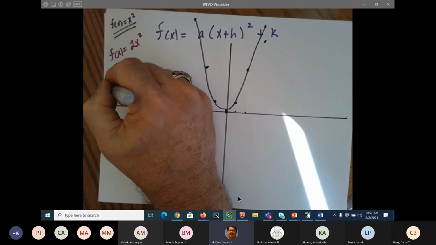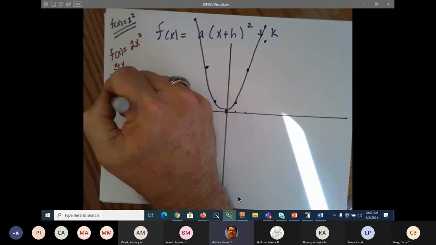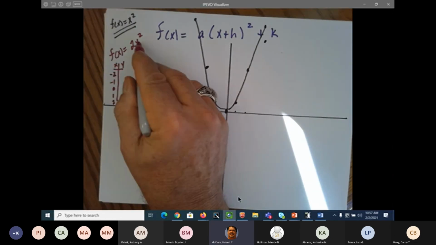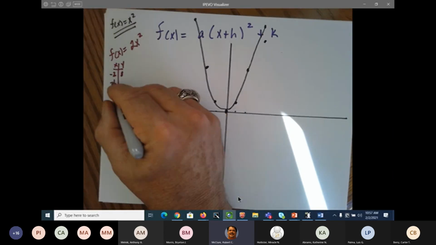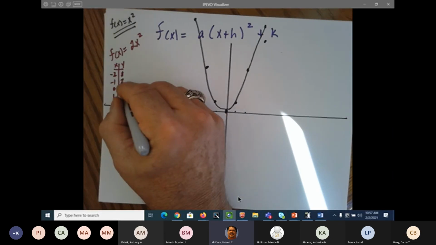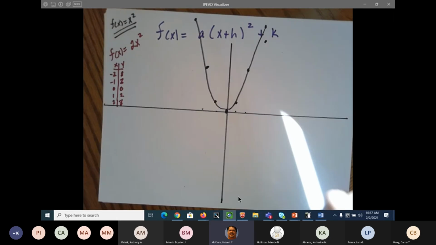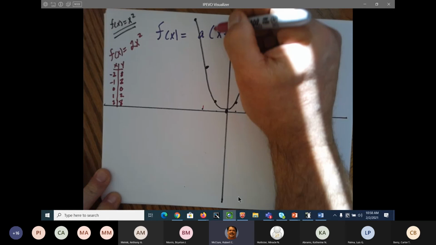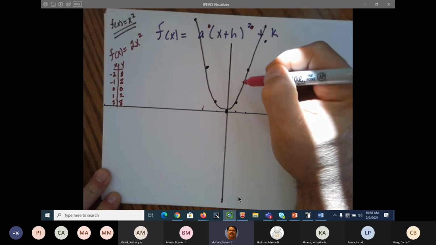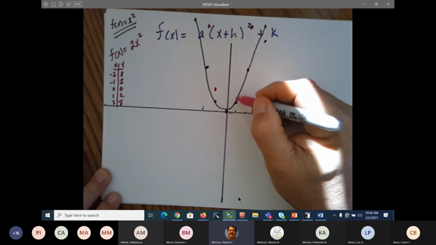Negative 2, negative 1, 0, 1, and 2. Negative 2 squared is 4. 4 times 2 is 8. So (negative 2, 8), (negative 1, 2), (0, 0), (1, 2), (2, 8). That's basically 2 and 8 right there, and negative 2 and 8 right here. Negative 1 and 2 is there. 1 and 2 is there.